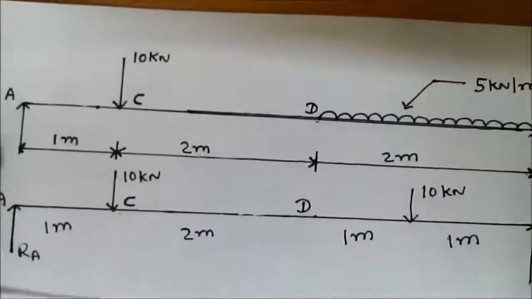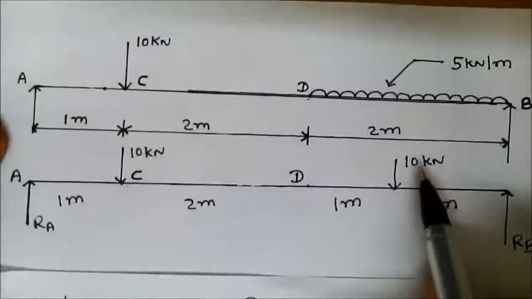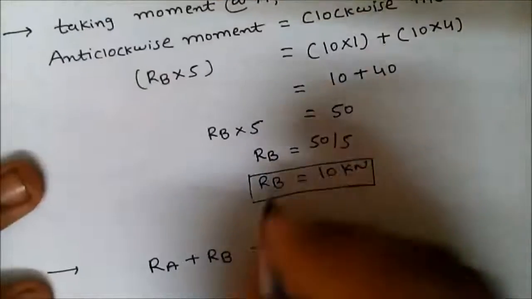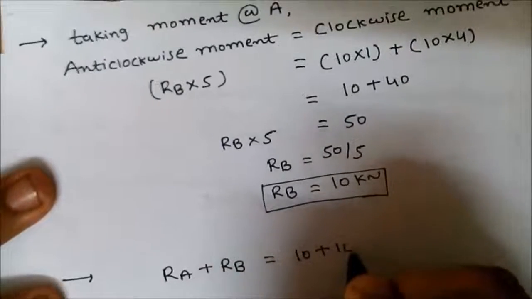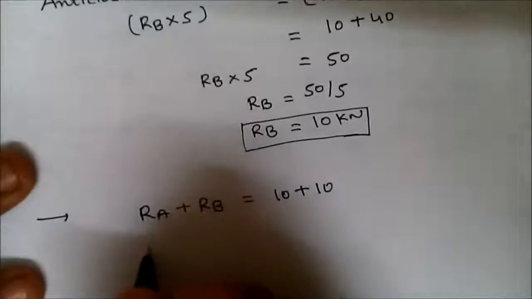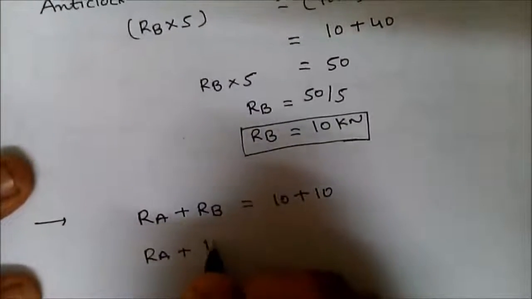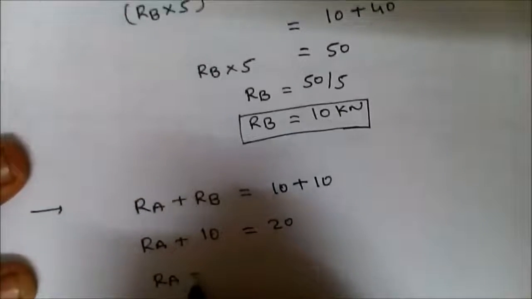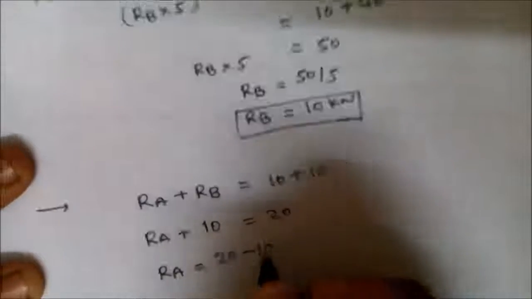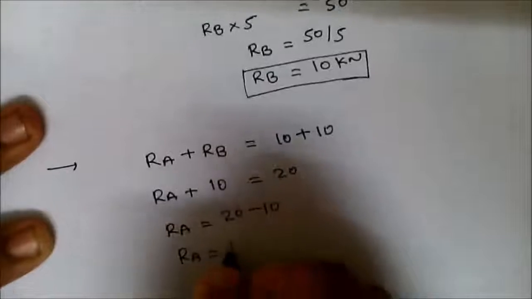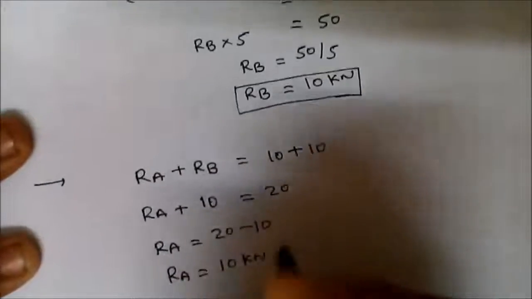The total load in our case is 10 kilonewton plus 10 kilonewton. So 10 plus 10. Put the value of RB, which is 10 kilonewton. So 10 plus 10, 20. So RA is equal to 20 minus 10. So RA is equal to 10 kilonewton.